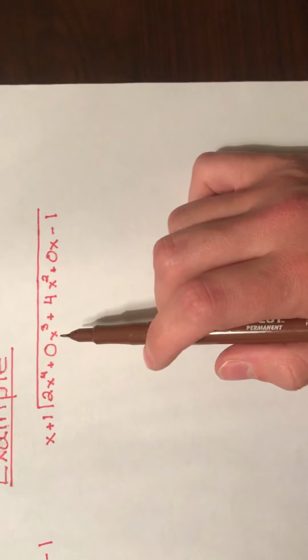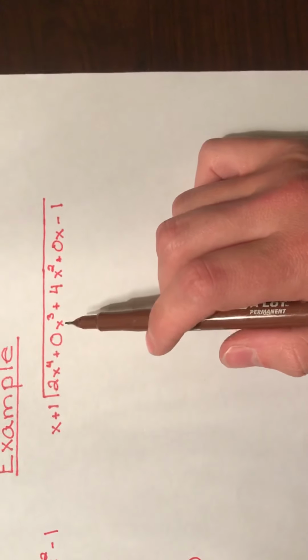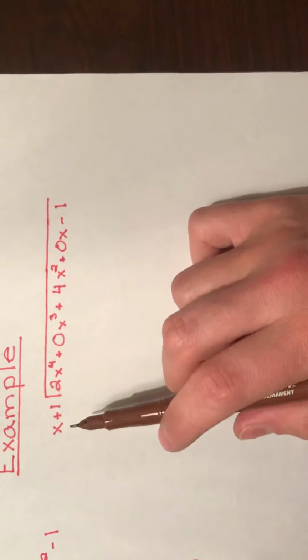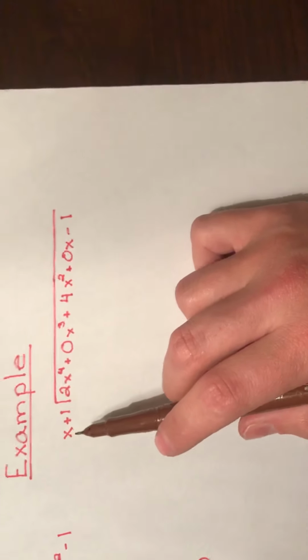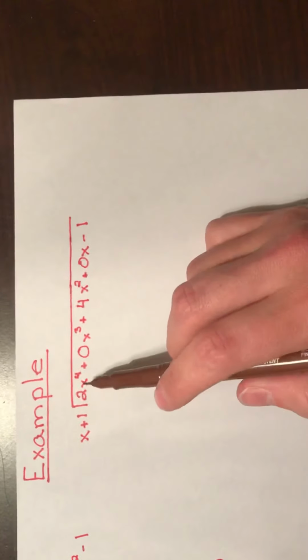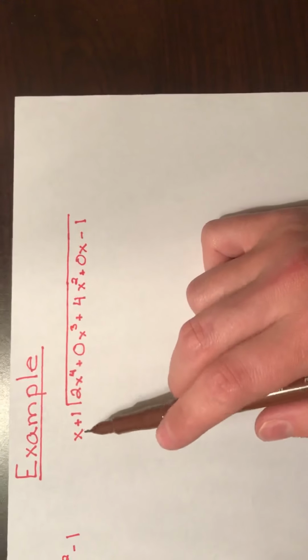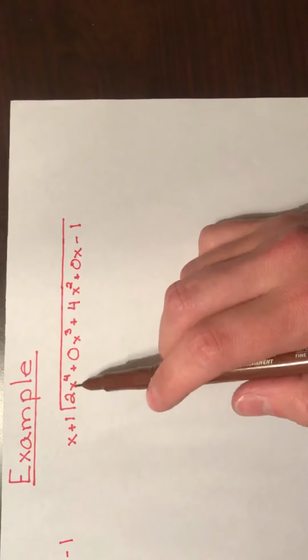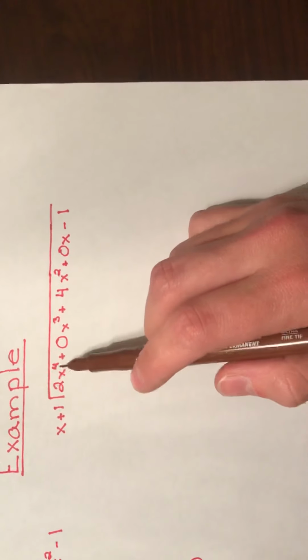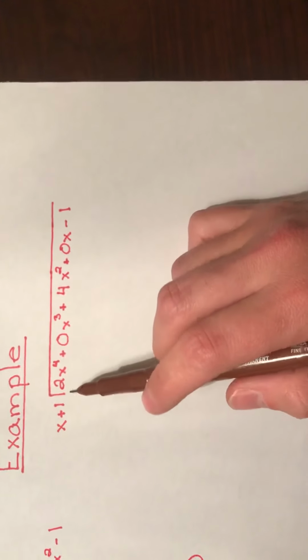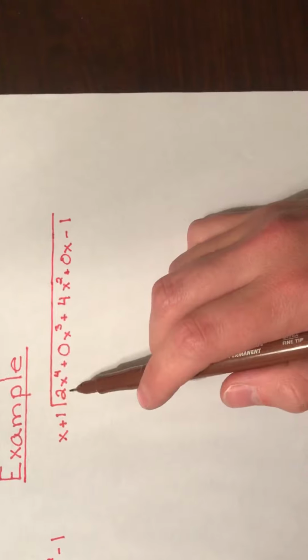To do polynomial long division, we take the power of our divisor and match it up to the power of our first term. So we will need to multiply x by x to the third to get the power of 4.